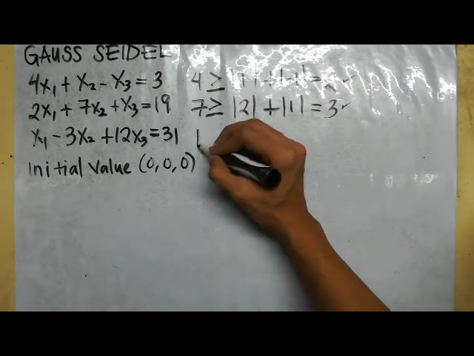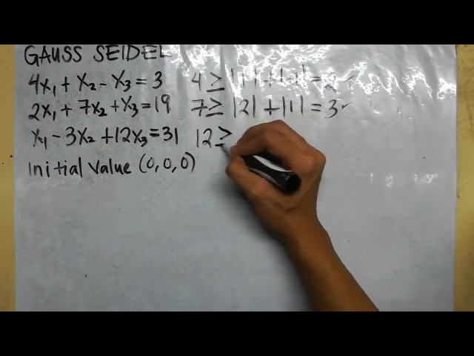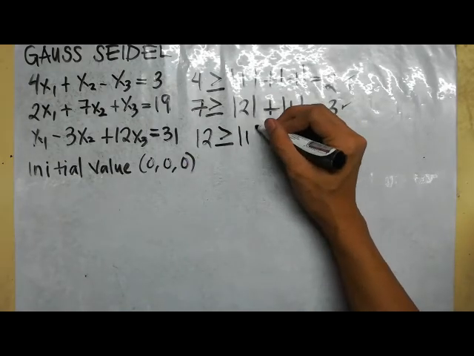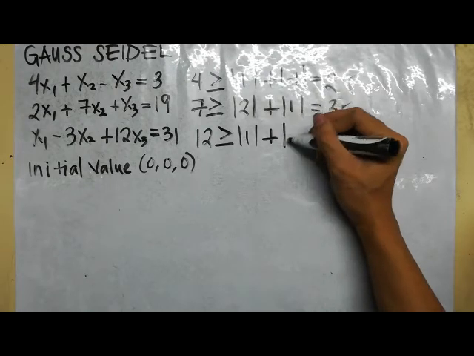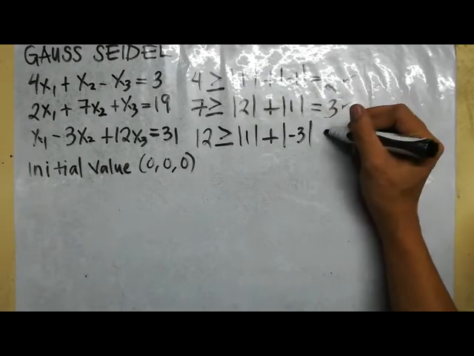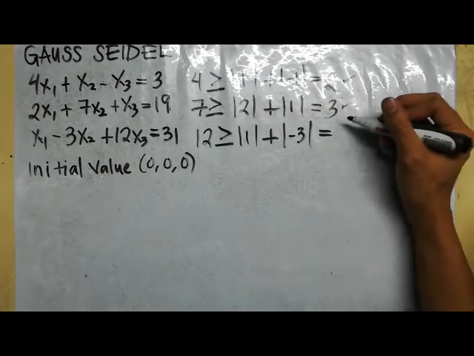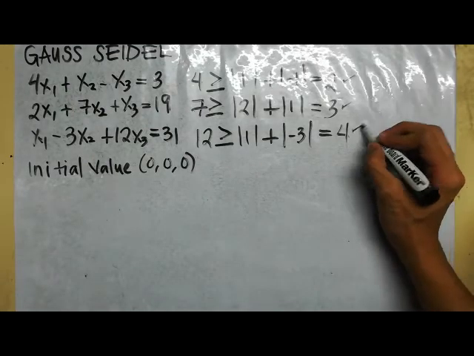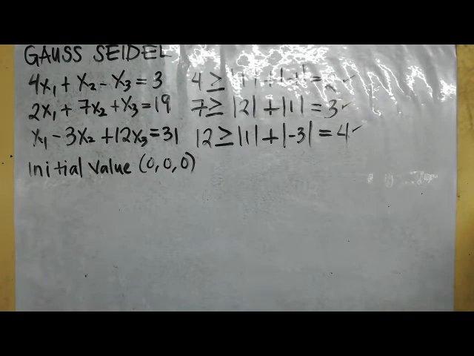Next we have 12 is greater than or equal to 1 plus negative 3. We have 4. Since 12 is greater than 4, this is checked. So we know that our linear system is diagonally dominant, so we can now use the Gauss-Seidel method.